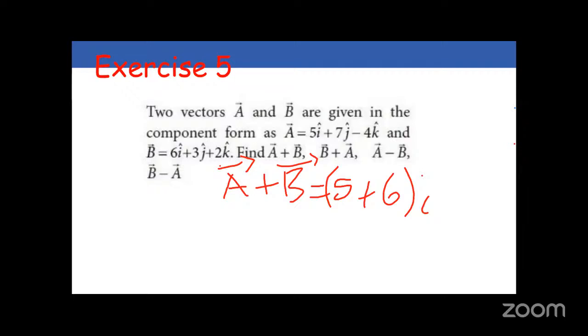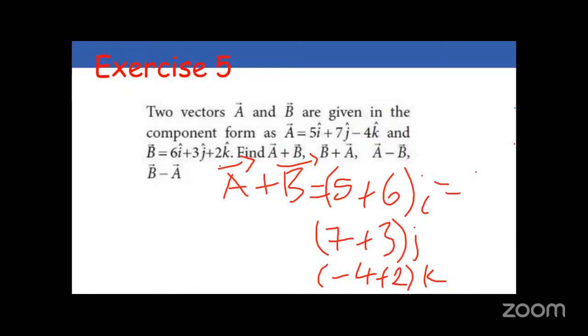Then the next component is 7 plus 3j. And then the next is minus 4 plus 2k. So 5 plus 6 is 11i.